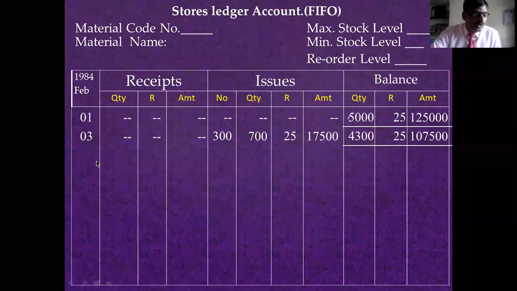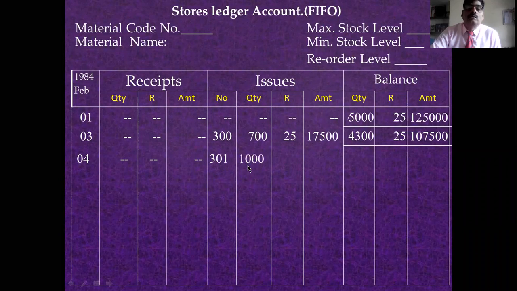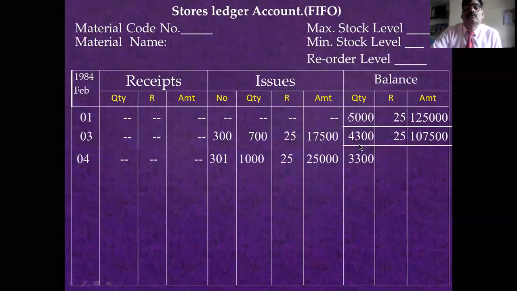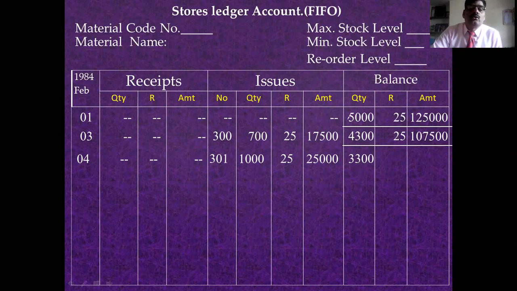Then next date again issue is there. Put the underline. On the 4th date, issue is job number 301. 1,000 units issued at the rate of 25. Amount is 25,000. Out of 4,300, 1,000 issued, balance is 3,300 at 25 rate, amount 82,500.